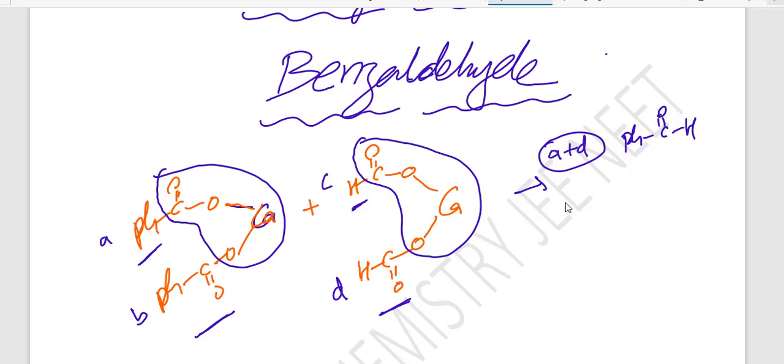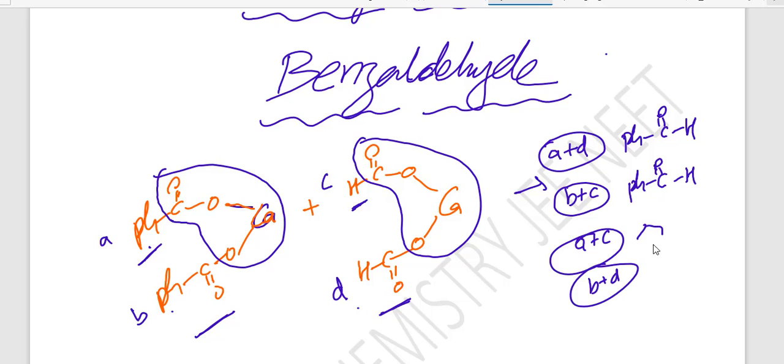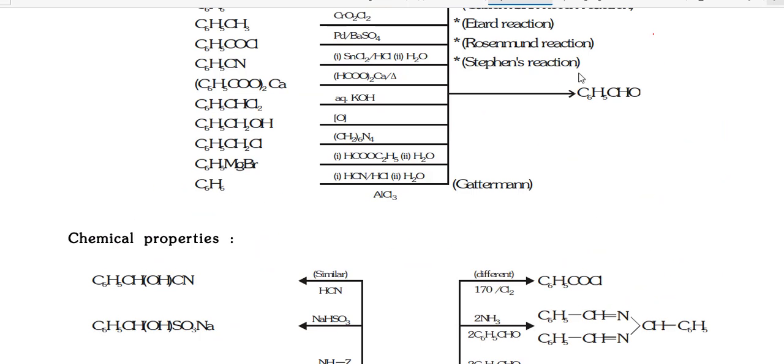Then I am writing here B plus C. That is also benzaldehyde we are getting. Of course, some other combinations are also possible. A plus C is forming benzene. B plus D is forming other compounds. So benzaldehyde also maximum 50% is there. So benzaldehyde is forming from this calcium salt.